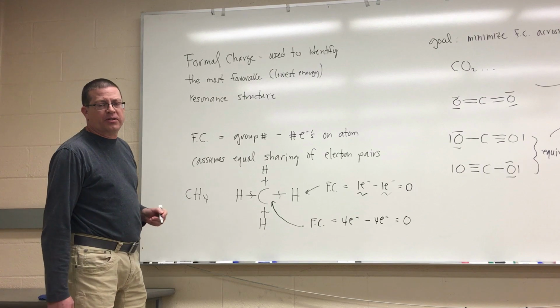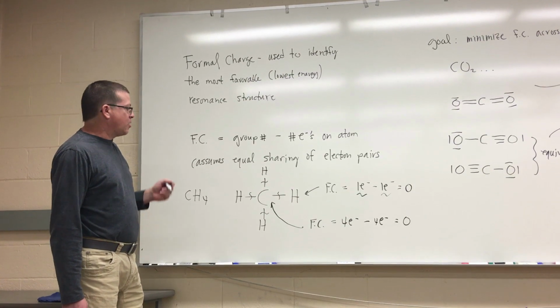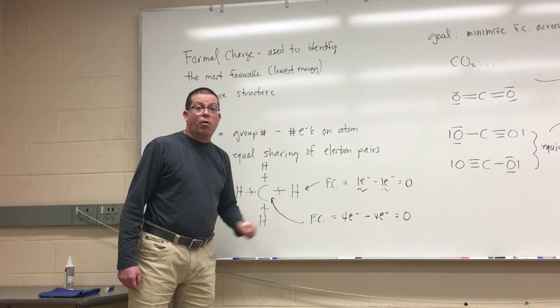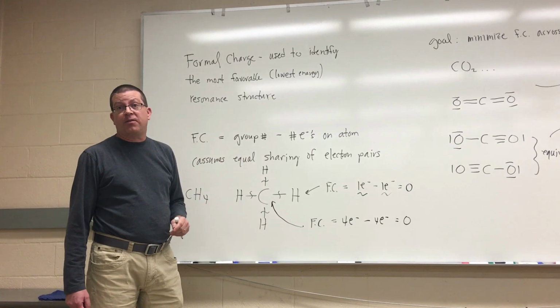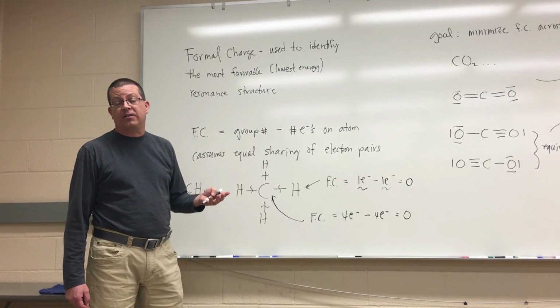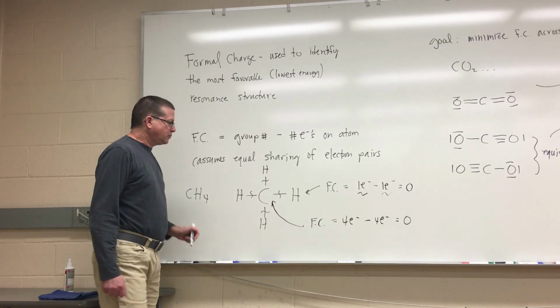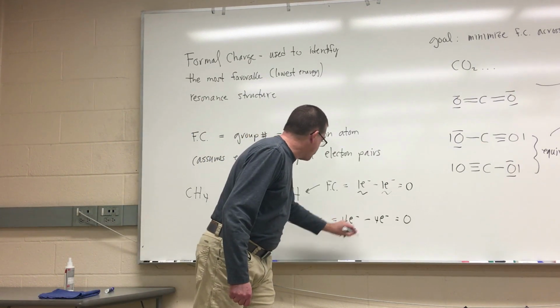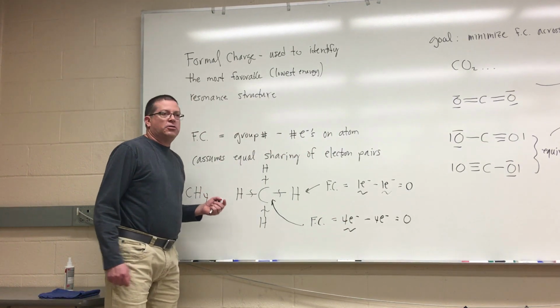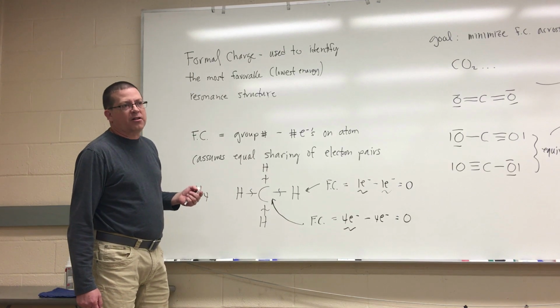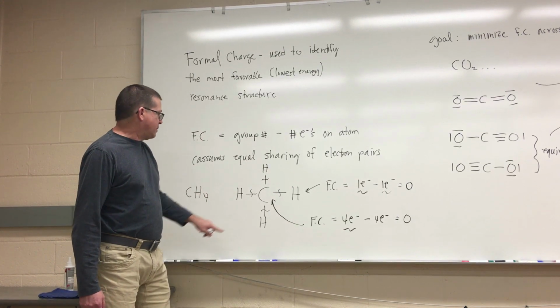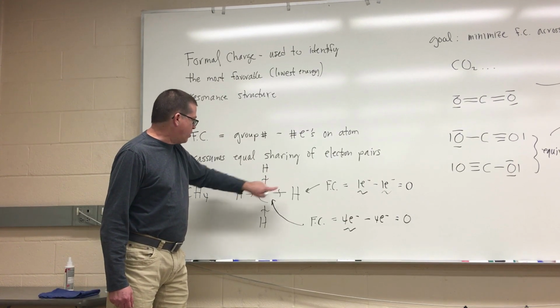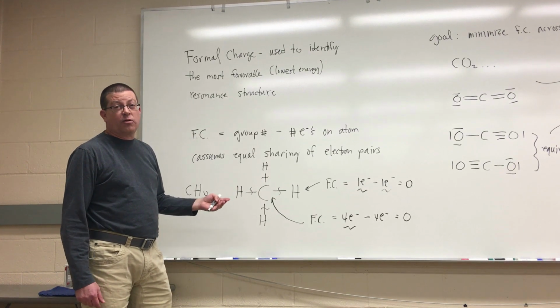Now let's do the same thing for the central carbon atom here. Now carbon is in group 4A. So you should be able to verify that carbon comes in with 4 valence electrons. Now, that's where this number comes from. Now the other thing that I need to do is to take a look at each one of the bonds to carbon here. So what I'm going to do is I'm going to break each bond, and I'm going to give 1 electron to hydrogen and 1 electron to carbon.